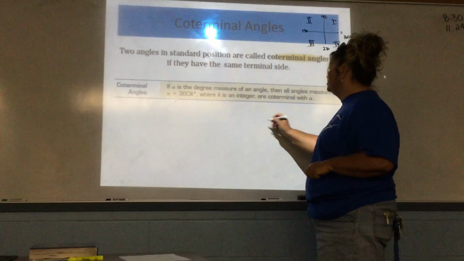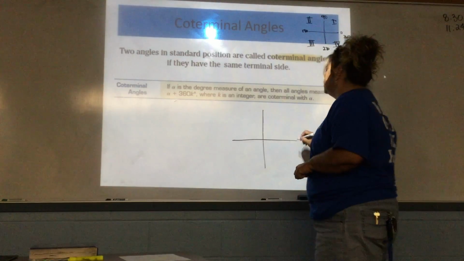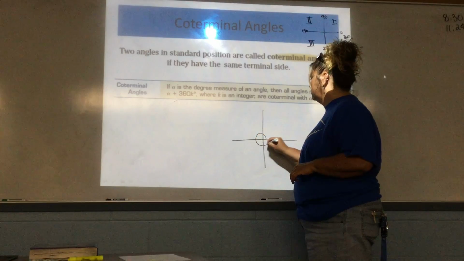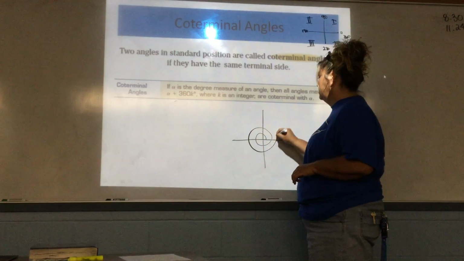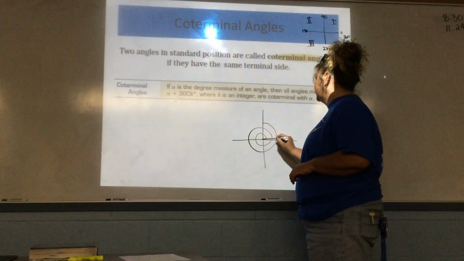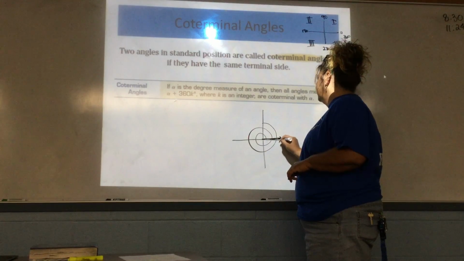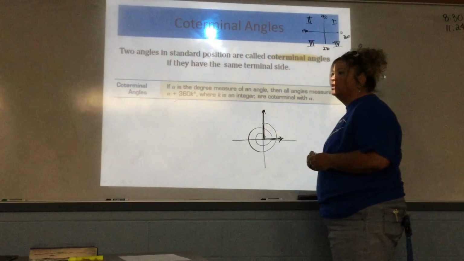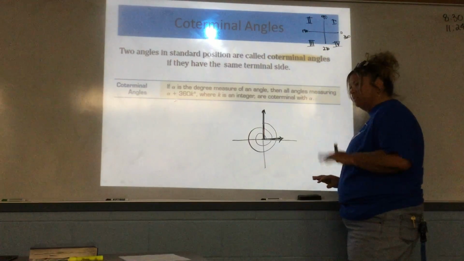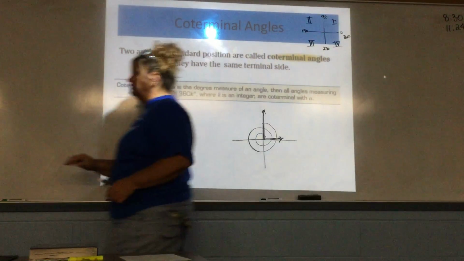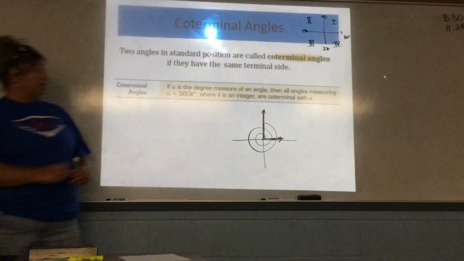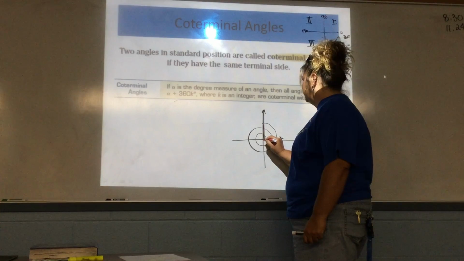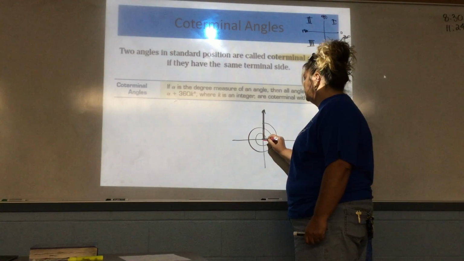So meaning, it kind of looks like this. Let's say I start out with this angle, and let's say it stops here. So it's in standard position, and it stopped here. Well, I can have another angle that is called coterminal that starts in standard position and only goes part of the way.